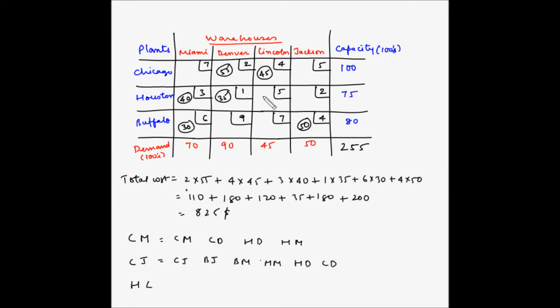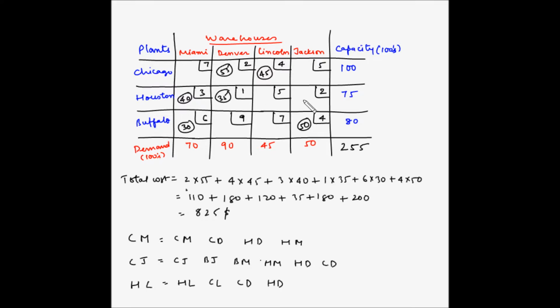So the closed path is Houston Lincoln to Chicago Lincoln to Chicago Denver to Houston Denver and then back to Houston Lincoln. So HL to CL to CD to HD and then back to Houston Lincoln.